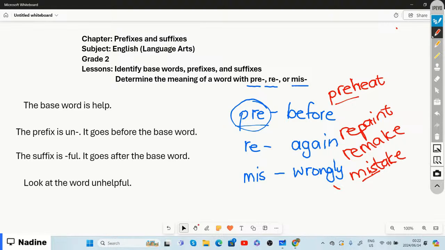Yes, it was a mistake. So what does that mean? I did something wrongly. I made a mistake. Yes. So if you're not listening or you're not behaving, that means that you are misbehaving. So misbehave, right? It means that you're doing things wrongly.